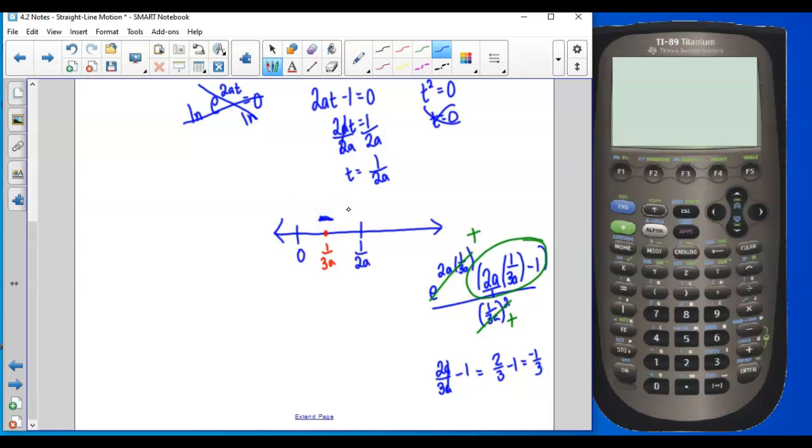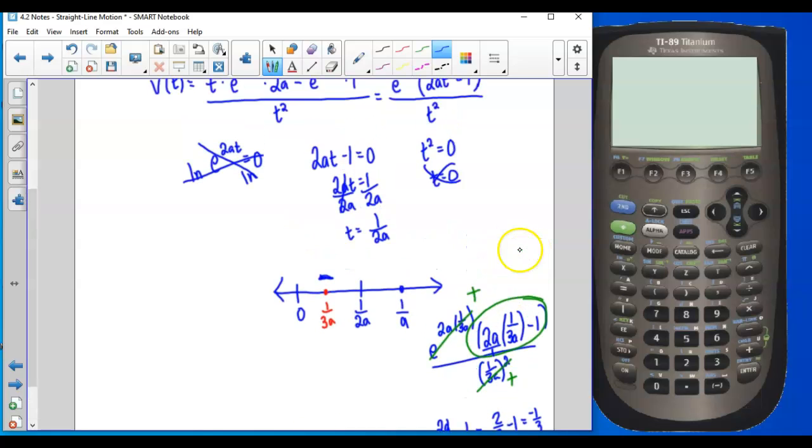And if you're thinking of a number that's larger than 1 over 2a, you might be tempted to use something like 1. But if a is 1/5, then this is actually bigger than 1 already. So what you've got to use over here is 1 over a. If we plug in, again, the same thing is going to happen with your e and your denominator.